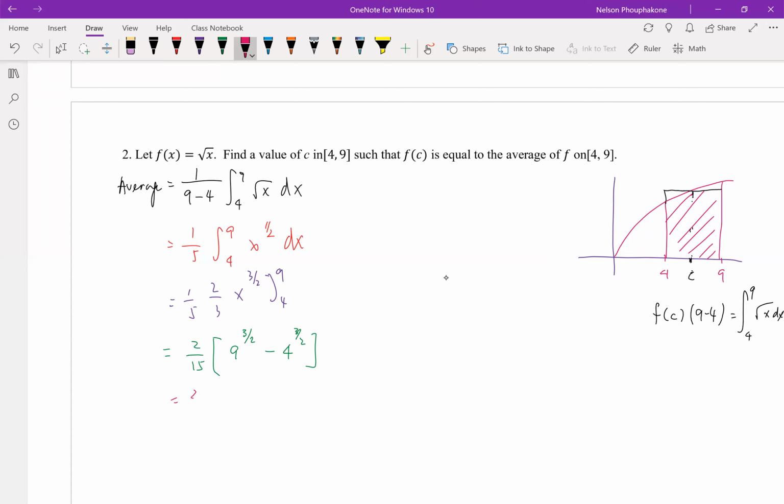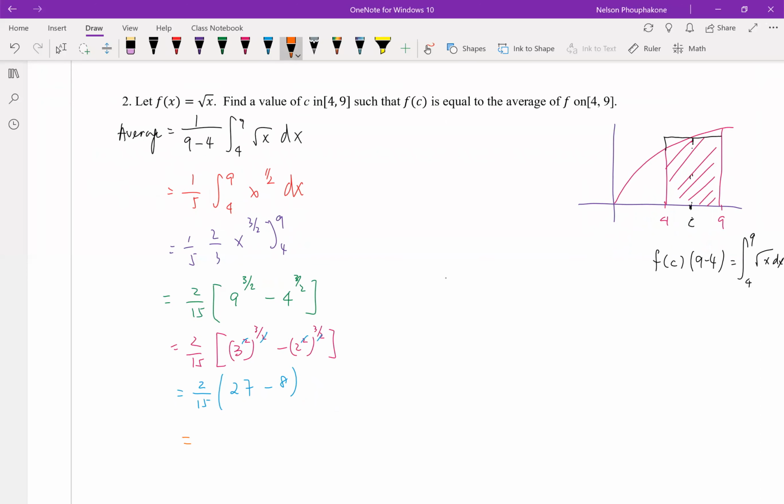Maybe let me write down one more step. I have 2 over 15, 27 minus 8. Then, of course, 2 times 19 over 15. So the answer will be 38 over 15.